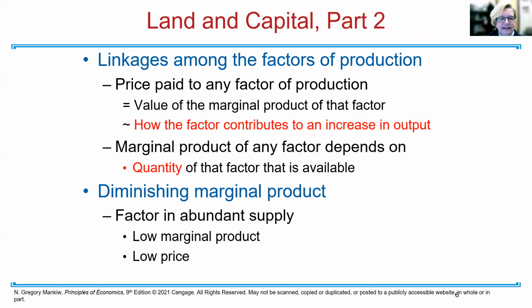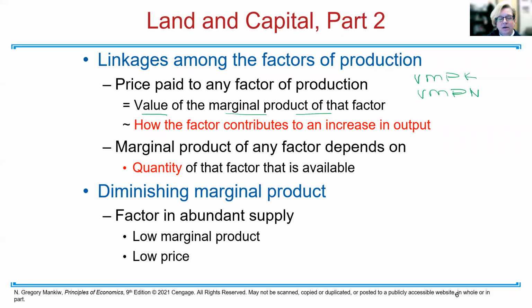All of the factors, land, labor, and capital, are linked. And so I'm going to make that more apparent here in land and capital. Again, for the price paid to any factor of production, we want to take the value of the marginal product of that factor, so the value of the marginal product of capital, the value of the marginal product of land.